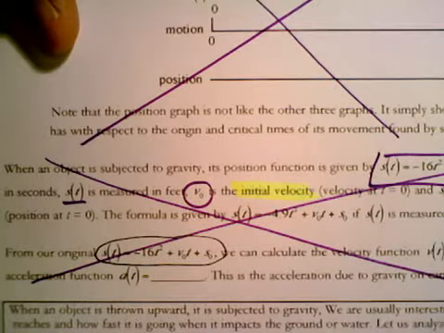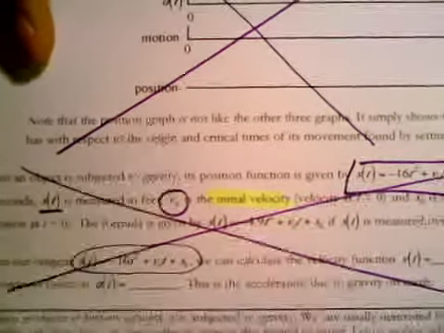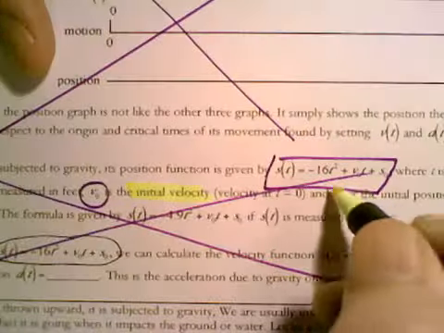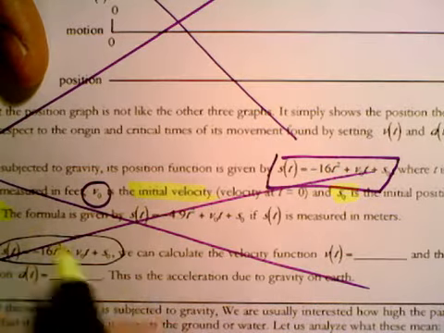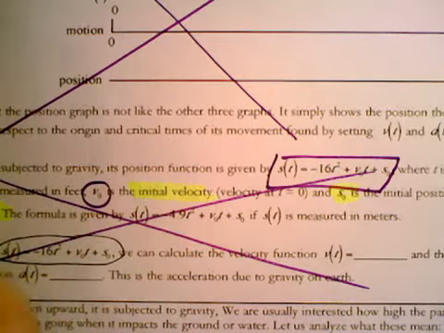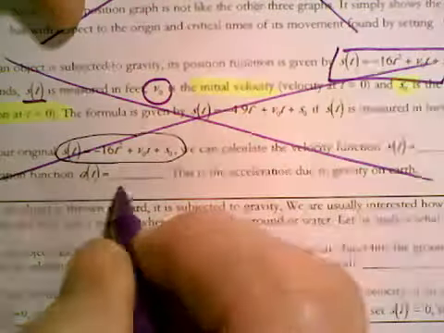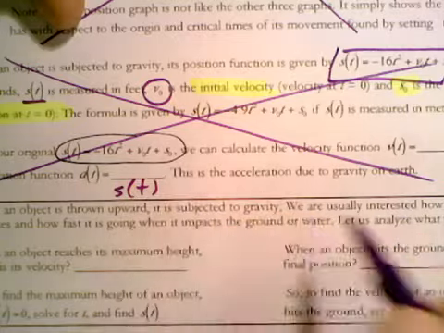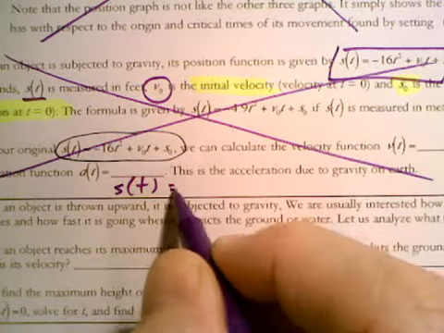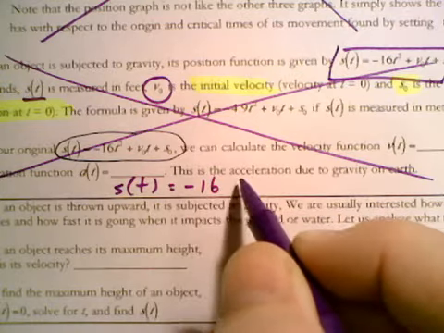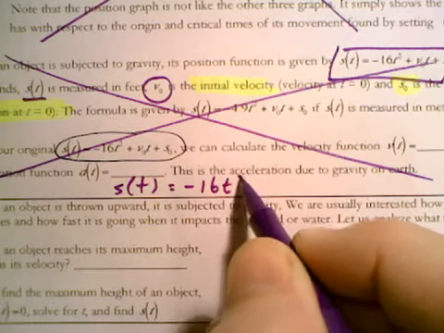So v sub 0 is the initial velocity, velocity at time 0, and s of 0 is the initial position at time 0. So let me rewrite that down here. In other words, if a particle is thrown up into the air, the position is negative 16, that's the gravity constant, multiplied by t squared.